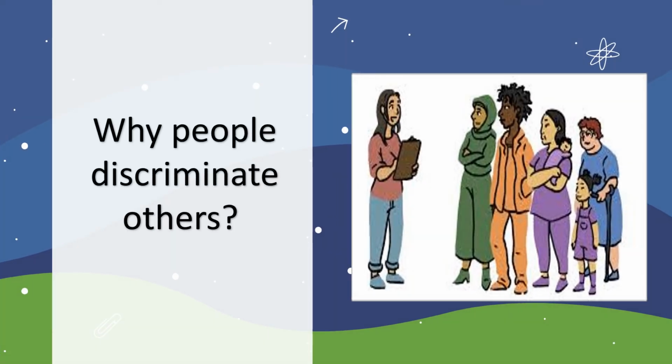Number 6. Why do people discriminate against others? There is no specific reason why people do that, but they have not lived in their shoes. They may also discriminate because that is what the previous generation has done, and they have not educated themselves regarding the circumstances. Here I have a few reasons why people discriminate. Number 1, bad experience.